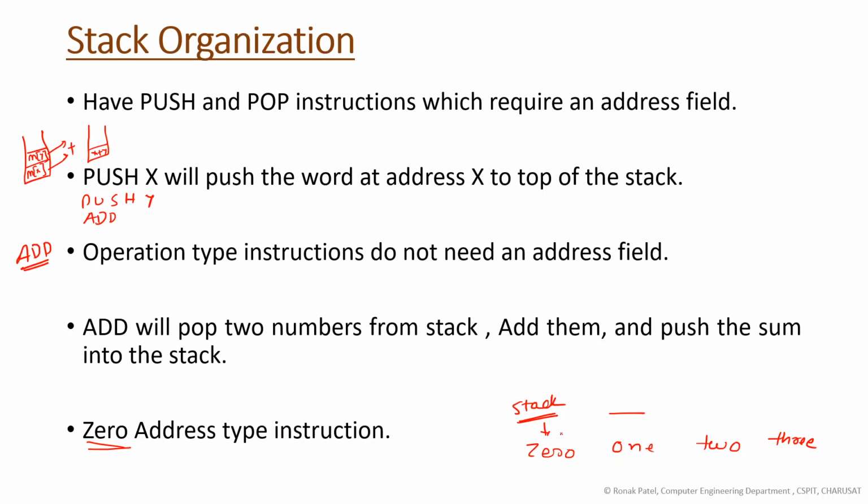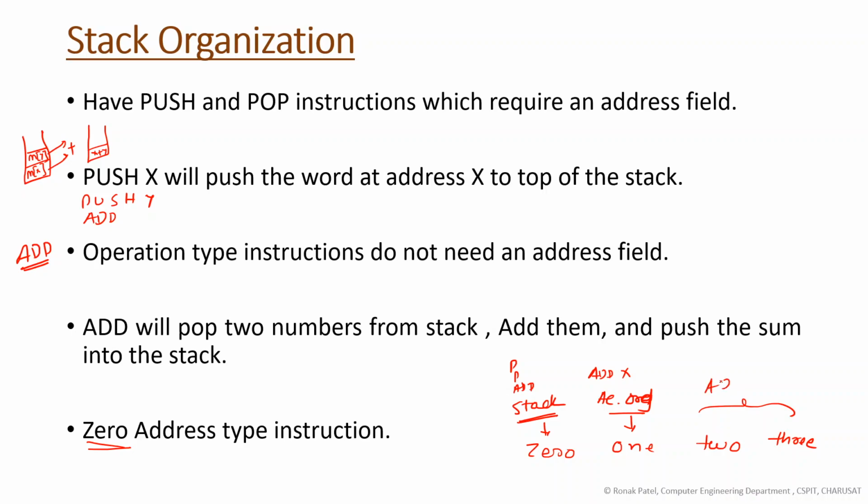When you have a single accumulator organization, at that time you have one address type instruction. So what we are doing in this case, push and then add. In accumulator, add X. So 2 and 3, general register organization has two or three.